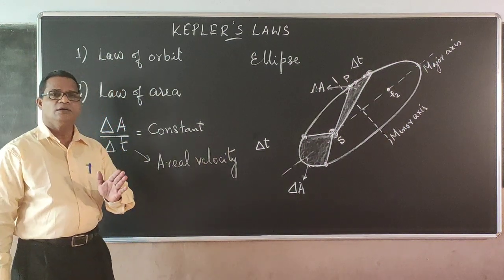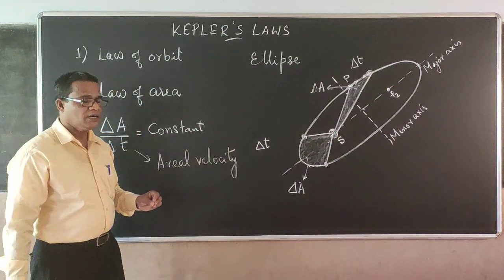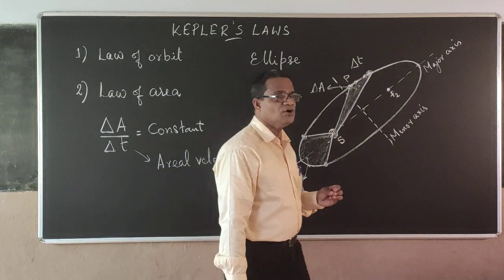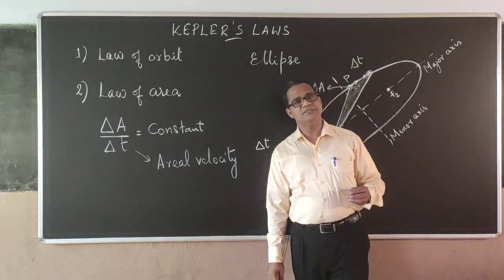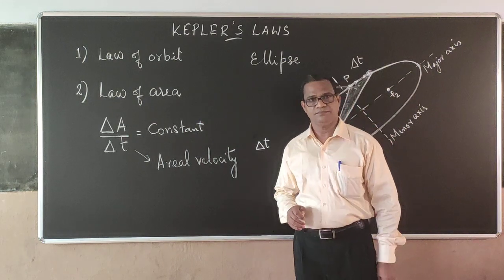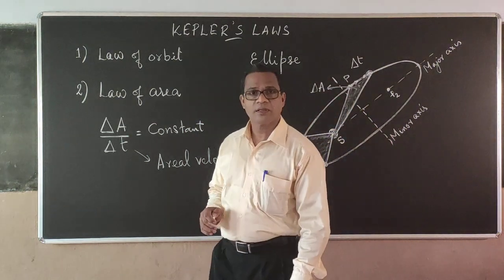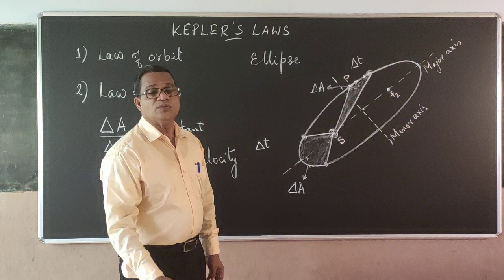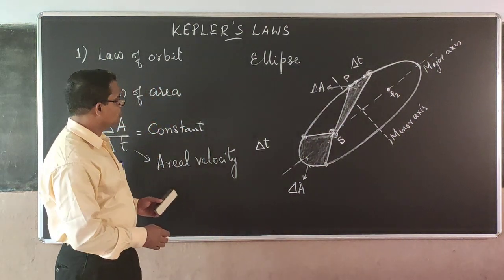So in short, the second law implies that the areal velocity of the planet around the sun remains constant for a given planet. Okay? Now move on to the third law.